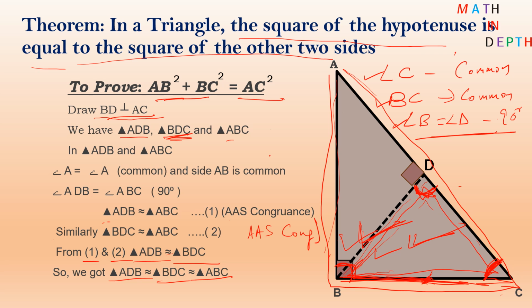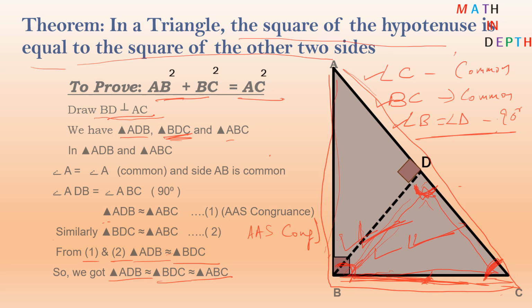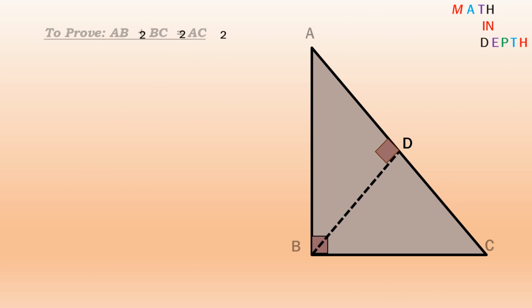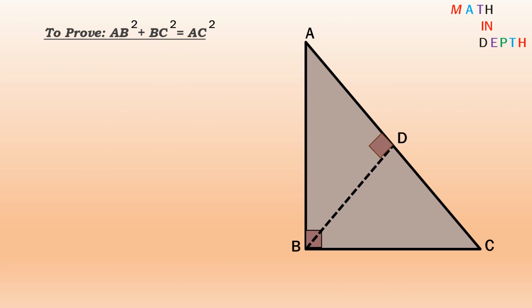Now next, we will take the two triangles which we have already proved similar to each other. Now if we have two similar triangles, there are some properties.